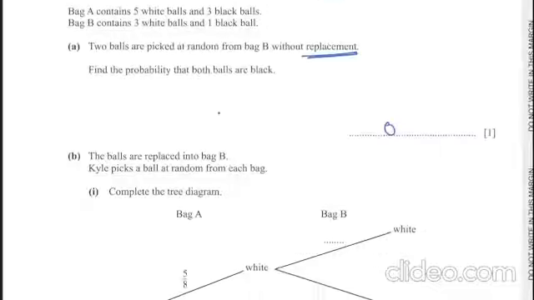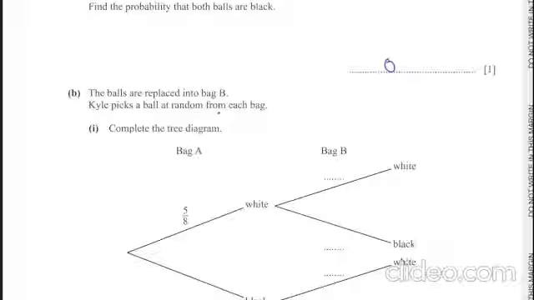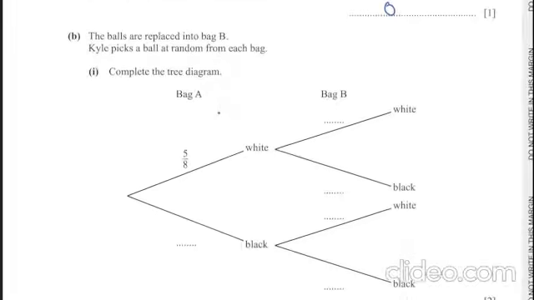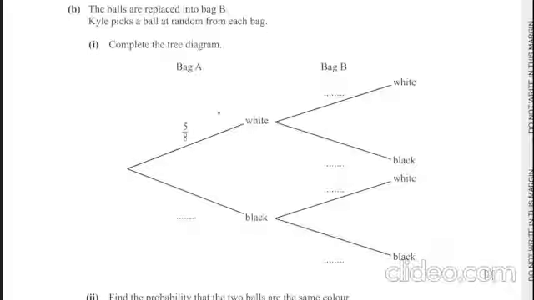Now in the second question, the balls are replaced into bag B. Kylie picks a ball at random from each bag, and we have to complete the diagram.